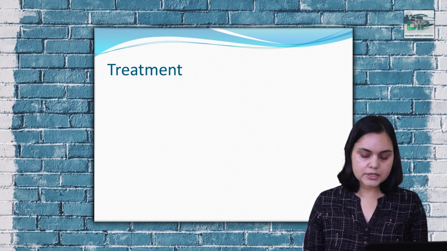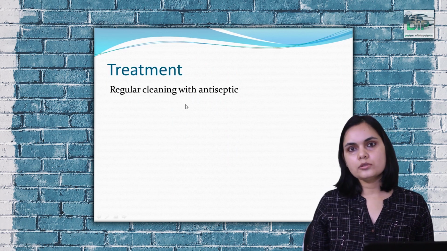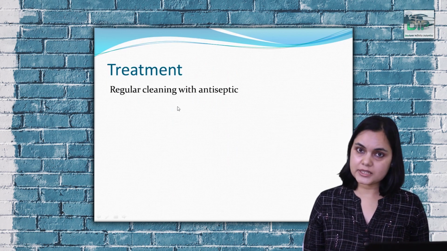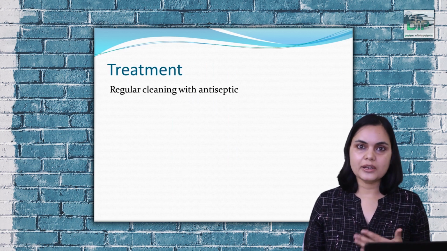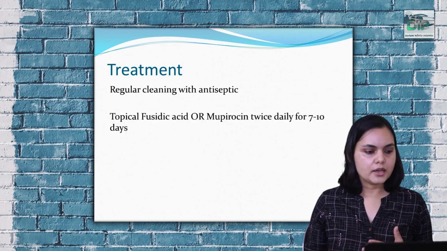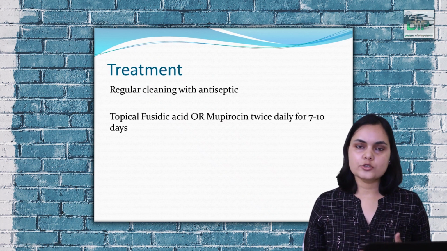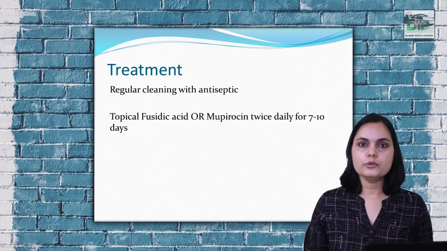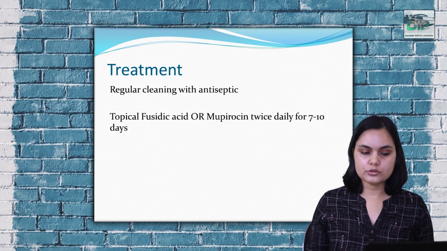If you talk about the treatment, just regular cleaning with antiseptic may suffice in many conditions where limited disease is there, but we have to add topical fusidic acid or mupirocin twice daily for 7 to 10 days.